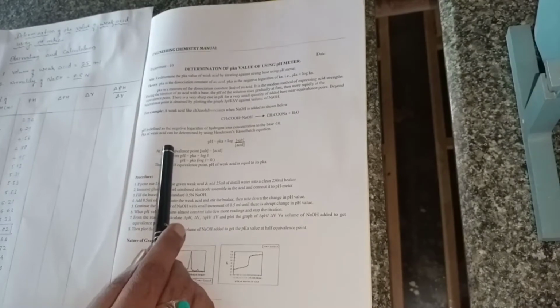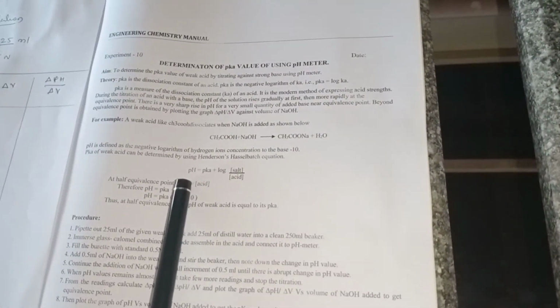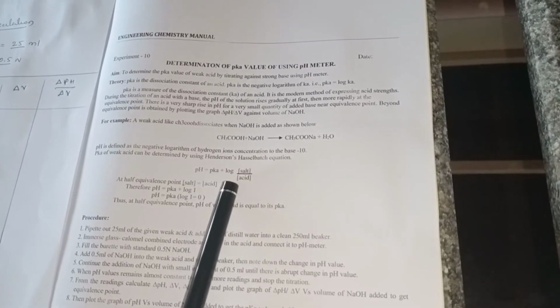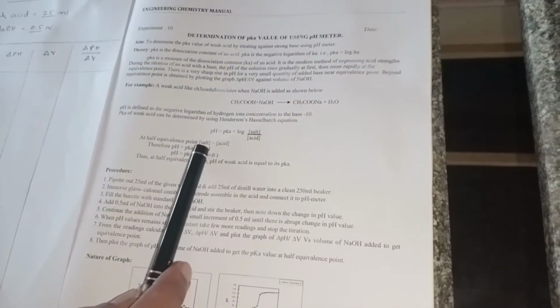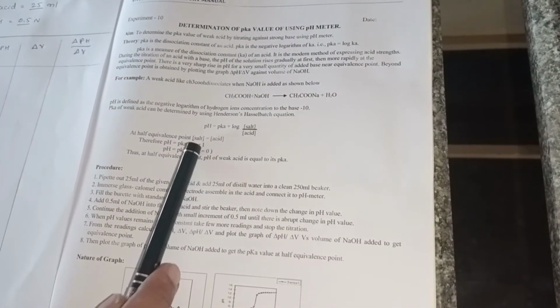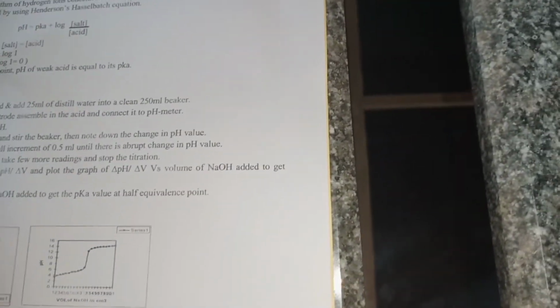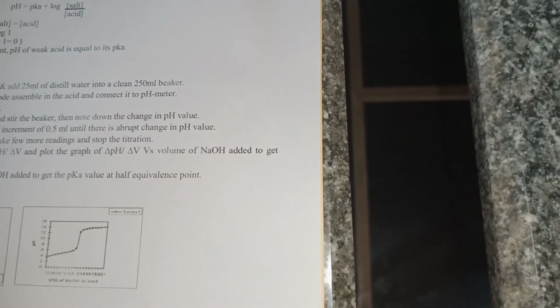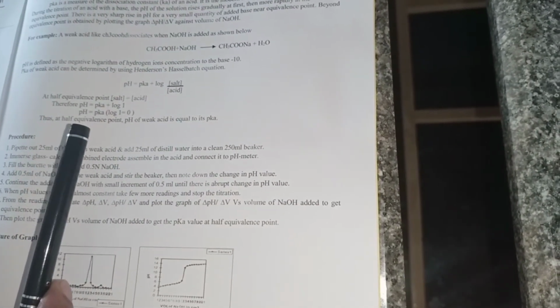And as we know, according to the Henderson-Hasselbalch equation, pH is equal to pKa plus log salt by acid. At half equivalence point, which we will get later when we plot the graph of pH against volume of NaOH, salt is equal to acid, so pH is equal to pKa plus log 1.